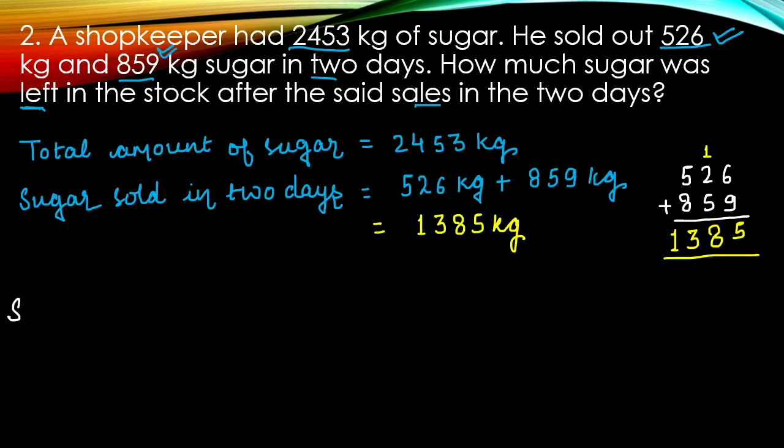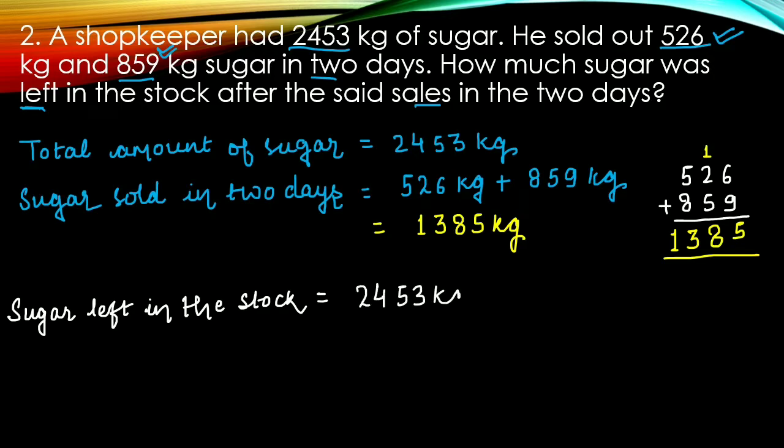Now we have to find how much sugar was left in the stock. So sugar left in the stock is equal to the total amount of sugar, 2453 kg, minus sugar sold in 2 days, that is 1385 kg.